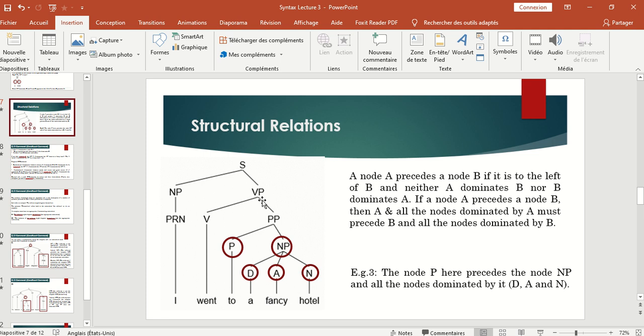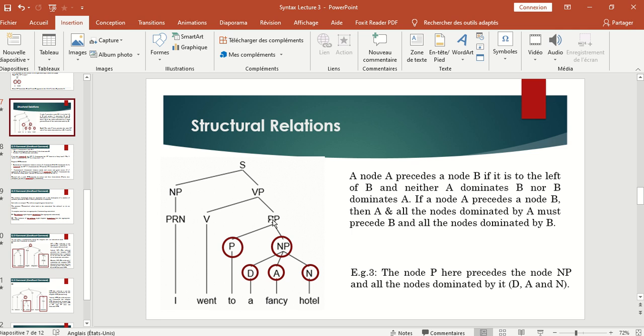Since this NP c-commands this VP, it c-commands its descendants. So we can say the NP I c-commands the PP here to a fancy hotel.